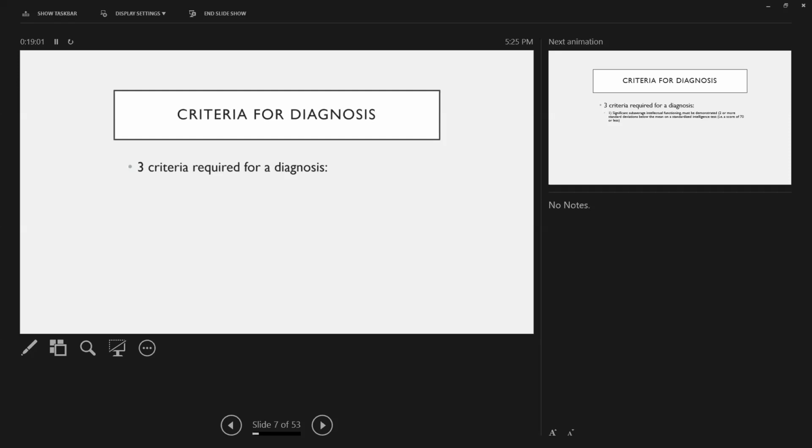Wait, but 2 or more what? You forgot an important term. I know. I think I got tired of writing. A deviation. Oh, standard deviation. Standard deviation. That's exactly right. I put the dots, I just didn't. 2 or more standard deviations below the mean on a standardized intelligence test. Yes. So that 70 means, or less. Yeah, an IQ of 70 or less.